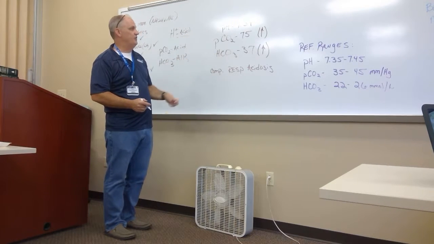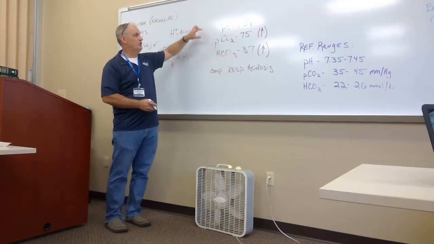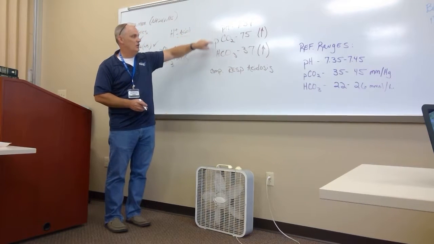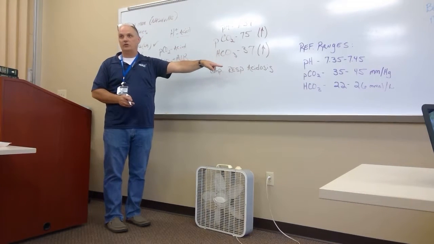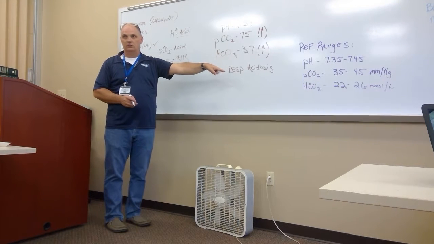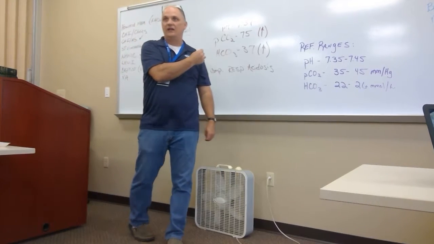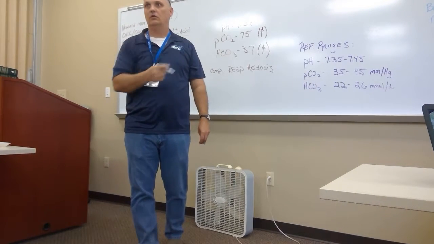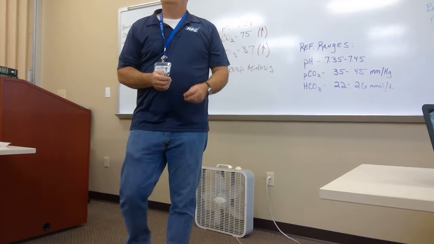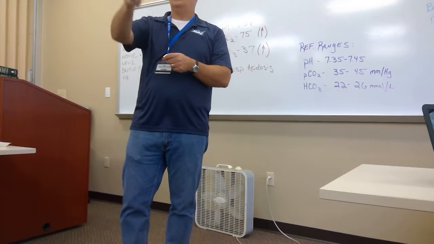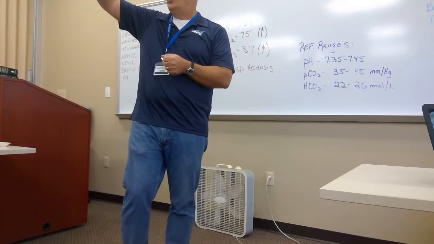So what is the compensation mechanism? If it started out as respiratory acidosis, why is the bicarbonate also elevated? The kidneys are compensating for the high acid content. Great, that's exactly it. It's exactly like the example that we did earlier. The kidneys are pumping out hydrogen ions, remember the little H with the plus sign?